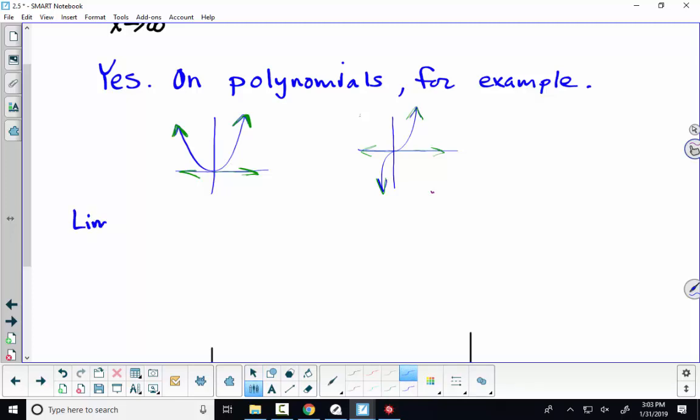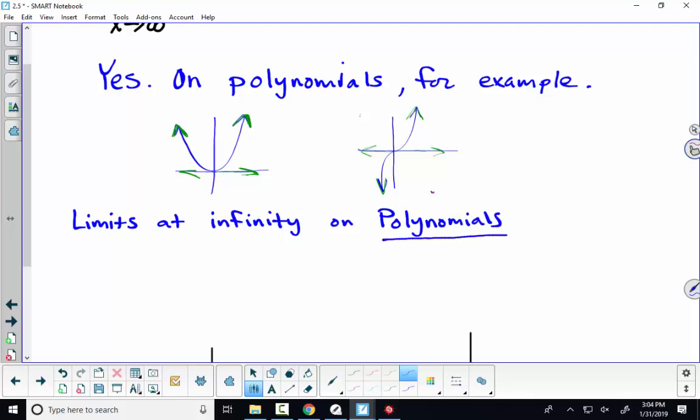So here, I will say limits at infinity on our polynomials. Remember, limits at infinity determine end behavior.